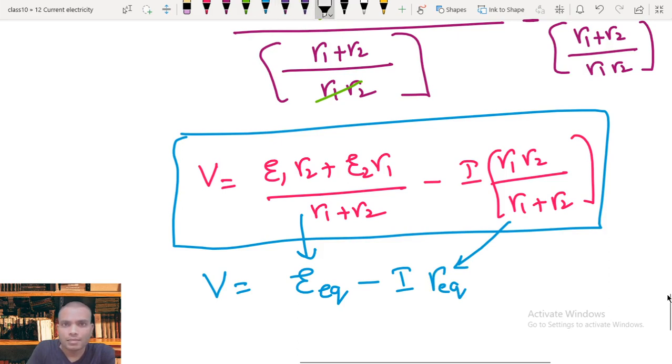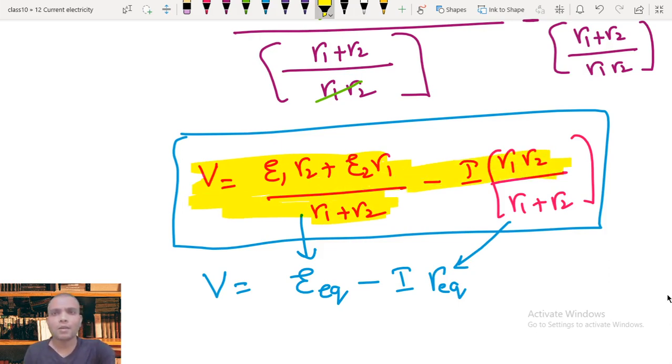When n cells are connected, this expression will change a little. So this is the final expression for the potential difference if two cells are connected in parallel.